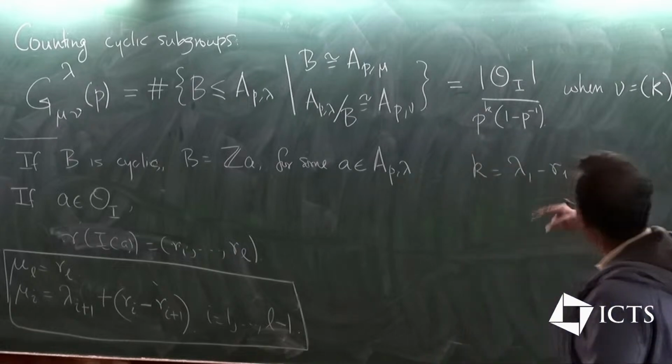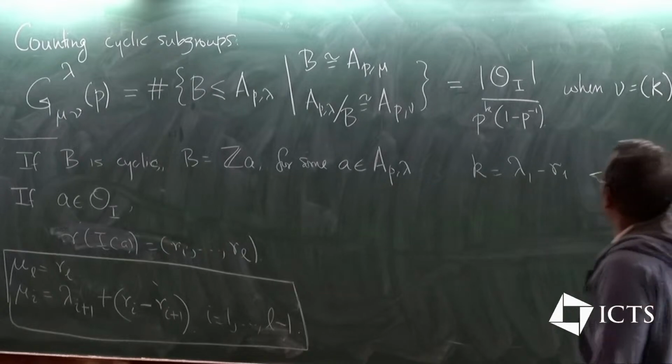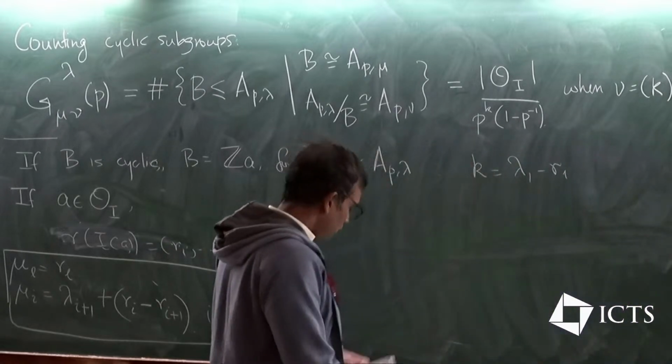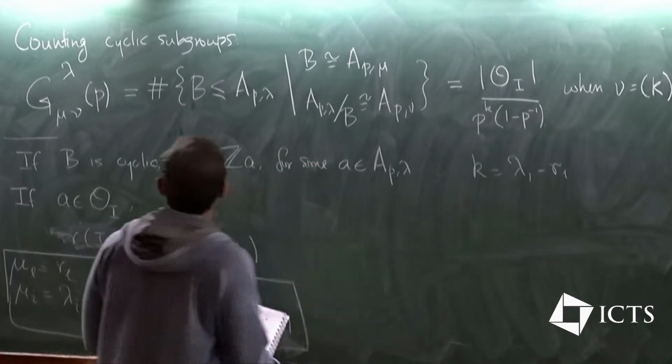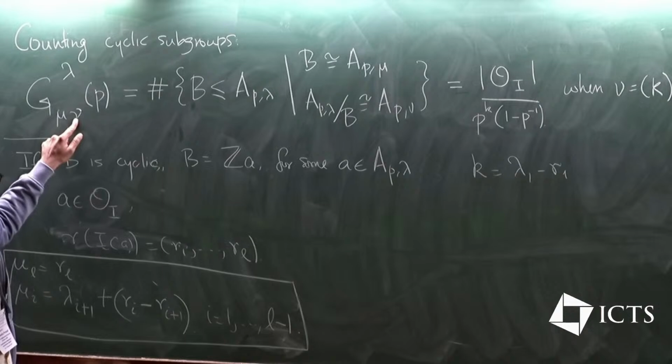That's the power of p by which you need to multiply an element in this orbit. Okay, so in some sense we have solved the simplest case of this problem, which is when nu is a partition with just one part.